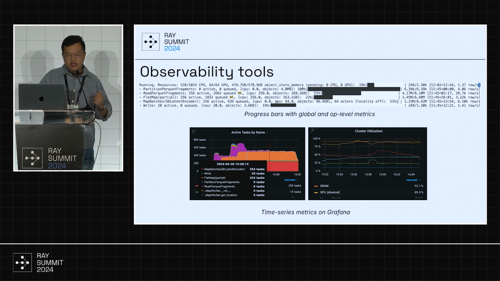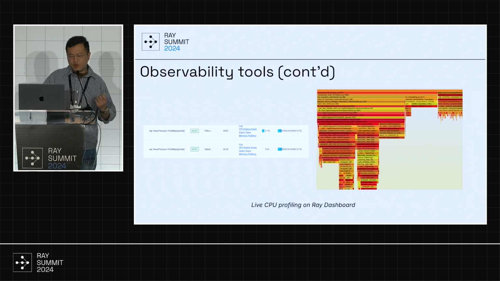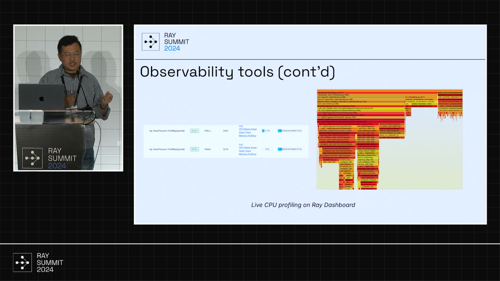And if you want to view the historical data of the metrics, there's also a Grafana dashboard that shows several time series metrics charts at both the Ray core and Ray Data level. And also, if you want to dig into a specific task or worker, you can click a button on the Ray dashboard at runtime to generate such a flame graph, CPU flame graph, so you can get a sense of which function is the most expensive one.